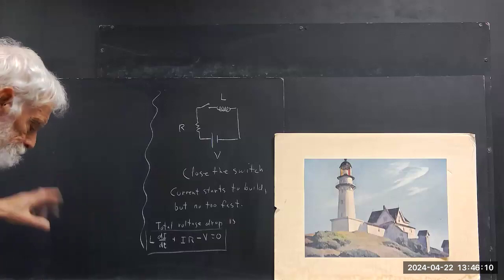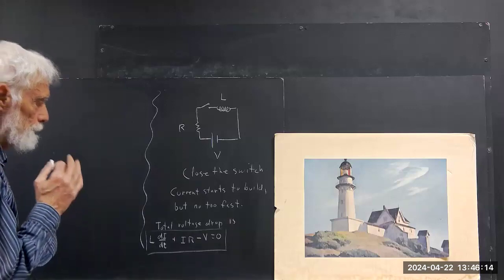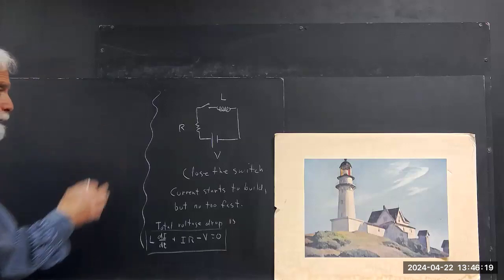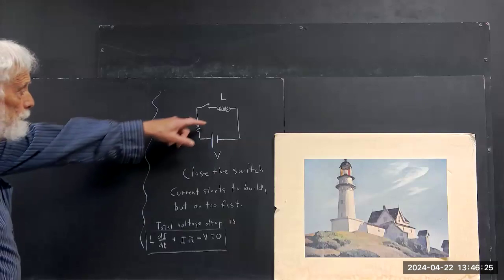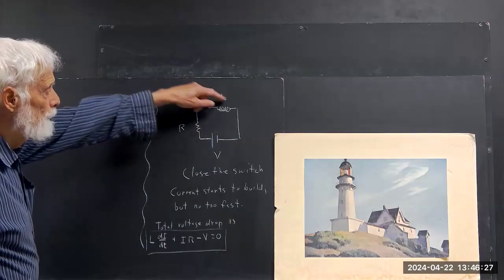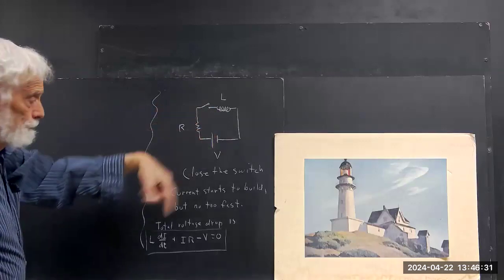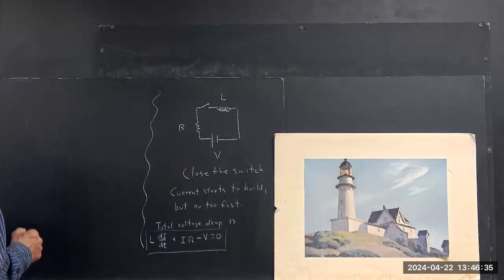So I'm going to try to stay on topic here. There's a circuit that we'll observe, if we get our instruments to work, where we can very clearly see the exponential growth of the current in a situation like this. We'll save that until we get there.